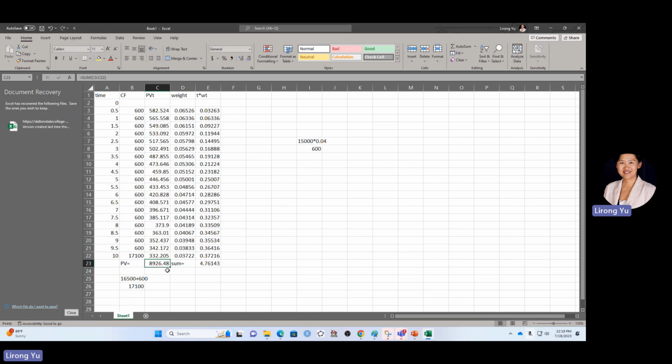Why is this 600? No wonder, it's supposed to be whatever is in B22.